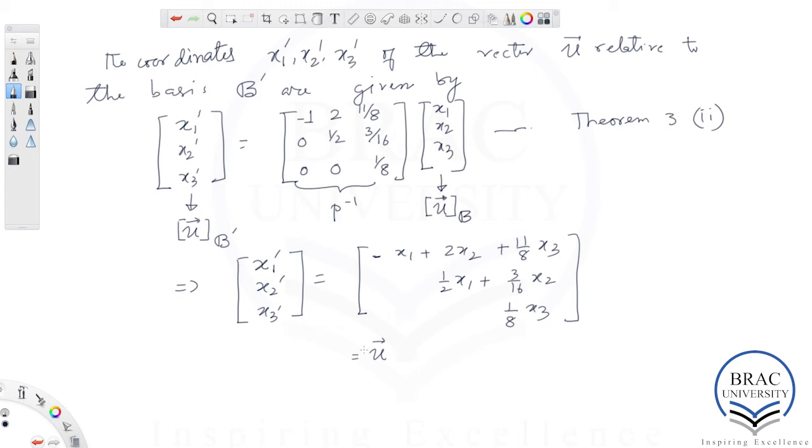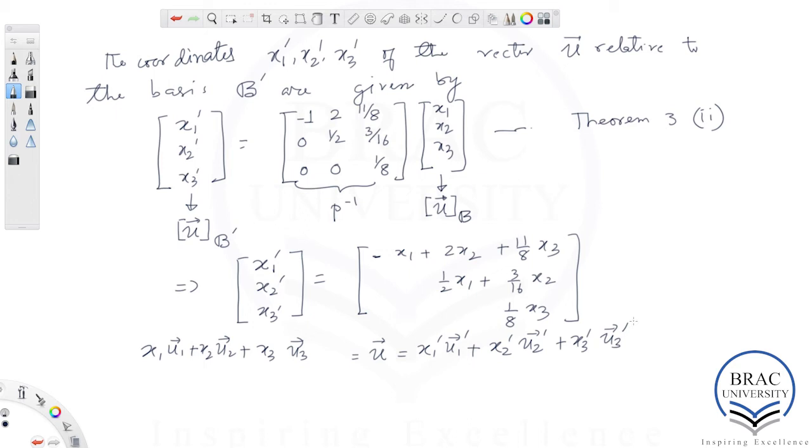Okay, let's do this. So u can be written as x1 u1 plus x2 u2 plus x3 u3, and it is also written as x1 prime u1 prime in the prime coordinates, x2 prime u2 prime plus x3 prime u3 prime.